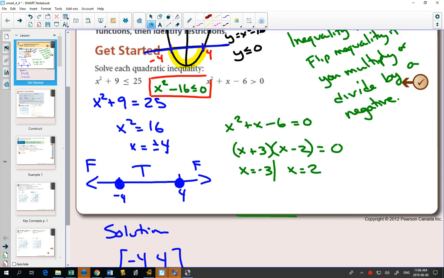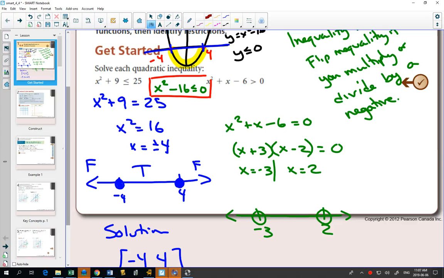If you draw your number line, include -3 and 2. Now we want to find out when it is bigger than 0. So if you draw circles on here, they're going to be open circles because those values cannot be included. -3 and 2 are when it's equal to 0, and we need it to be bigger than 0.